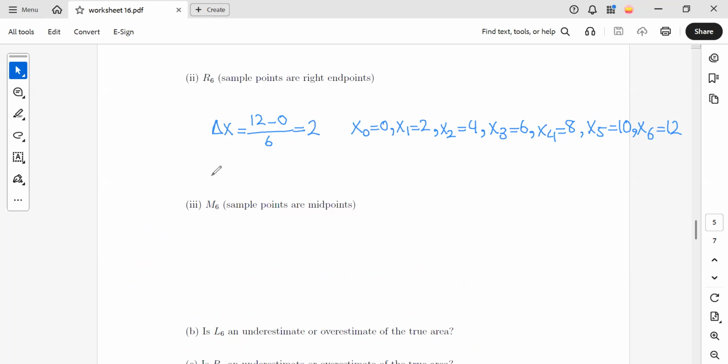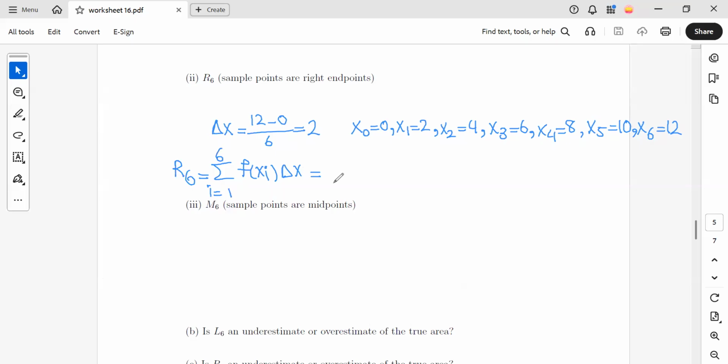So for finding R sub 6, which means we are going to find the sigma of f of x sub i delta x when i starts from 1 and goes to 6.